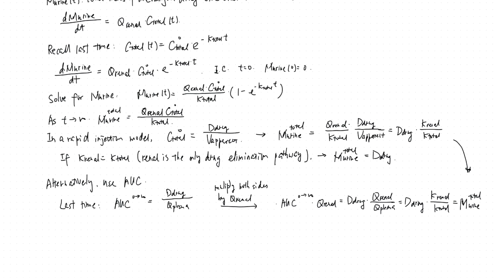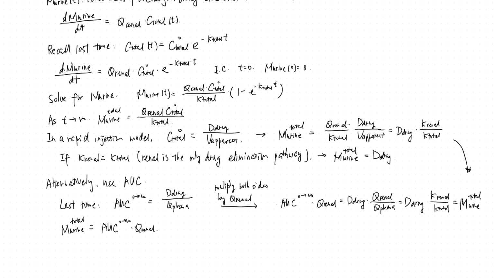So that means you can just write M total equals area under the curve multiplied by Q renal.